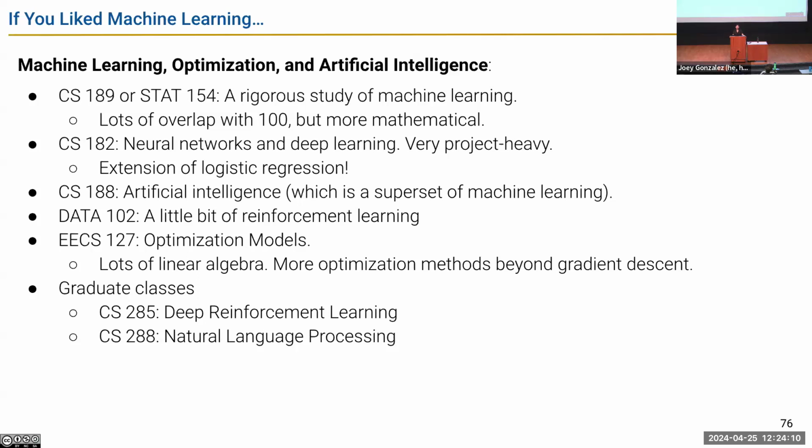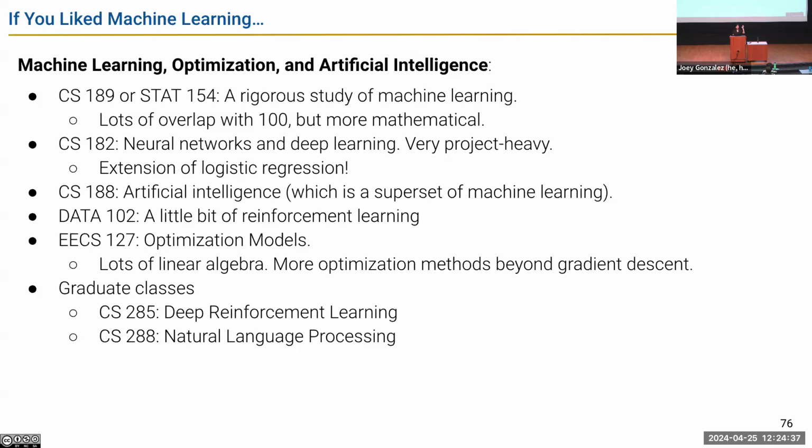188 is a good survey course if you're interested in just getting a flavor of different subfields of AI. It talks a little bit about neural networks, has a little bit of reinforcement learning, and has some lectures on local search. So it's giving you an overall idea of the different algorithms or subareas in the entire umbrella of AI.